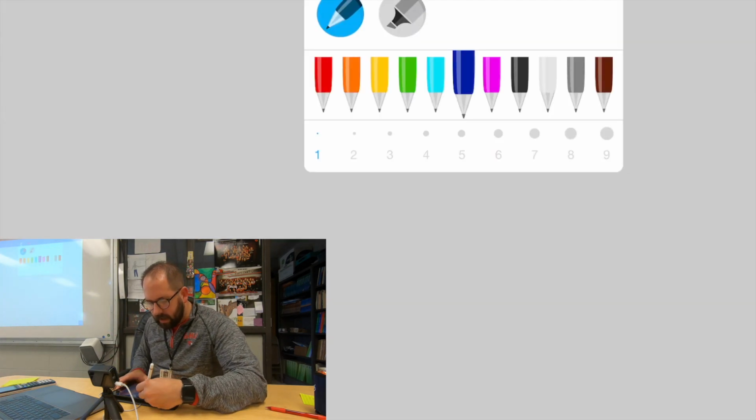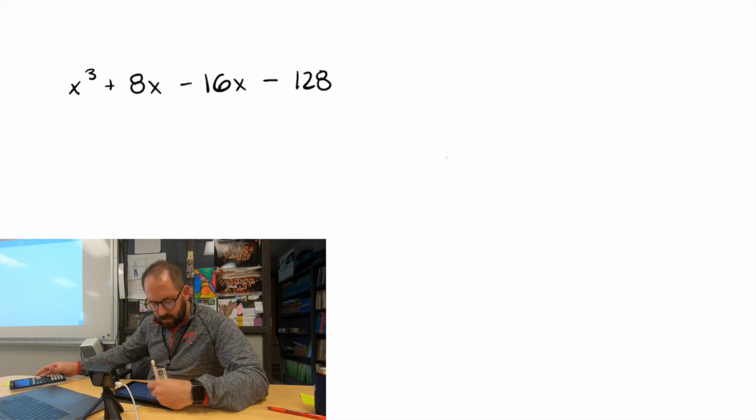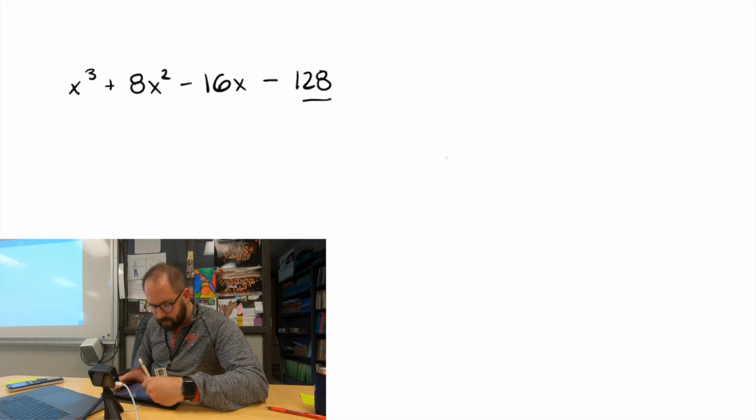So here we go. X cubed plus 8x minus 16x, minus, let's go with 128. Did you mean to square that 8x? Yes, sorry, thank you. 128.